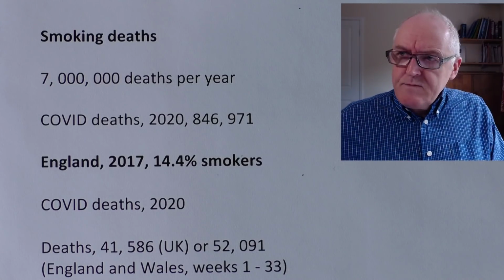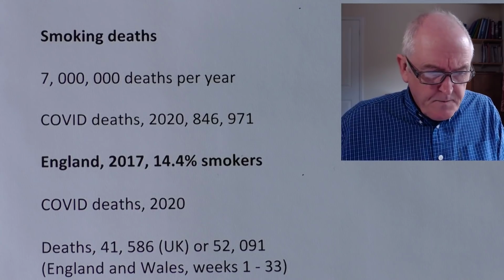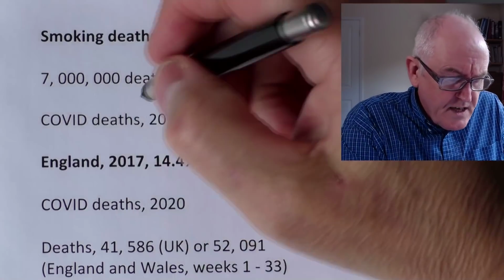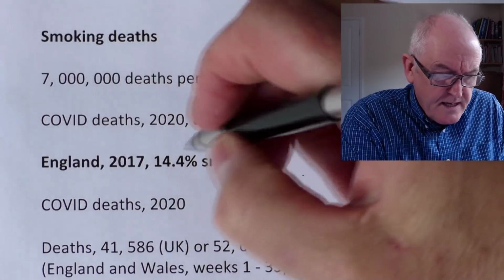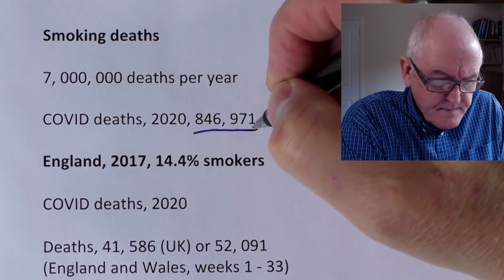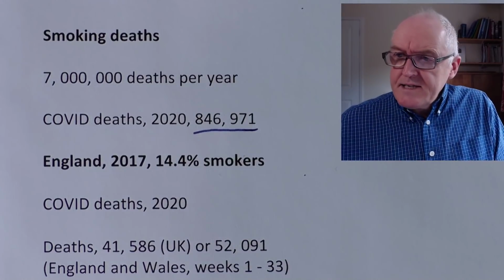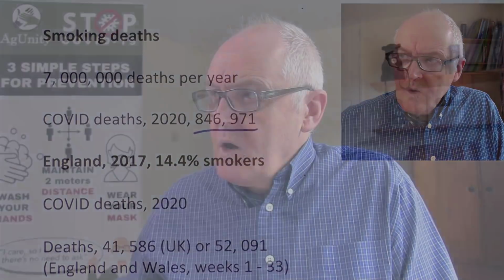So let's look at smoking as a comorbidity. Now, 7 million deaths a year occur from smoking. COVID-19 deaths so far have been under 1 million. And it's estimated that by 2030, in the next 10 years, if smoking trends increase, that will go up to 8 million.